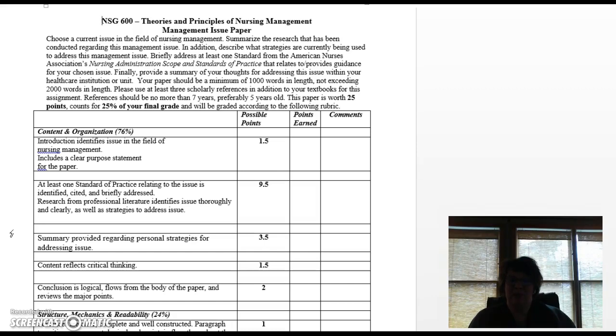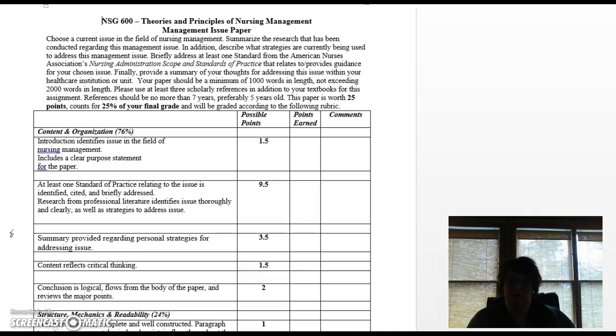You need to summarize the research about that particular subject matter, and have at least 3 scholarly references in addition to your textbooks. So dive into the literature and see what is encompassed regarding the issue that you have identified.